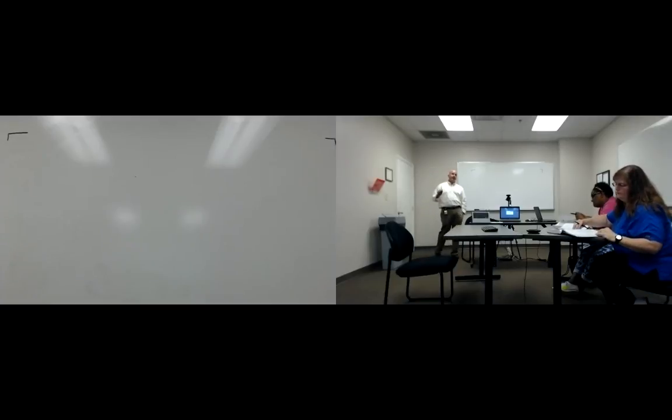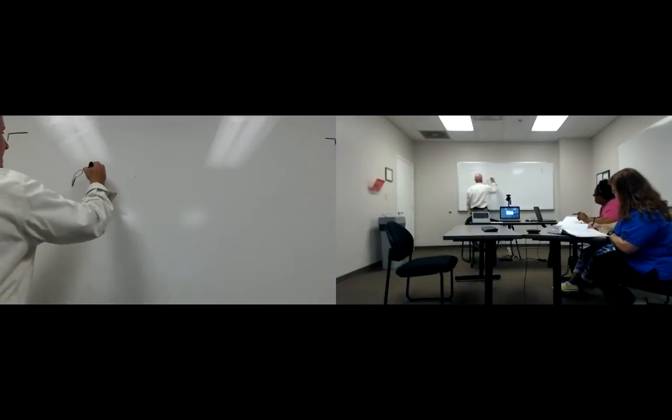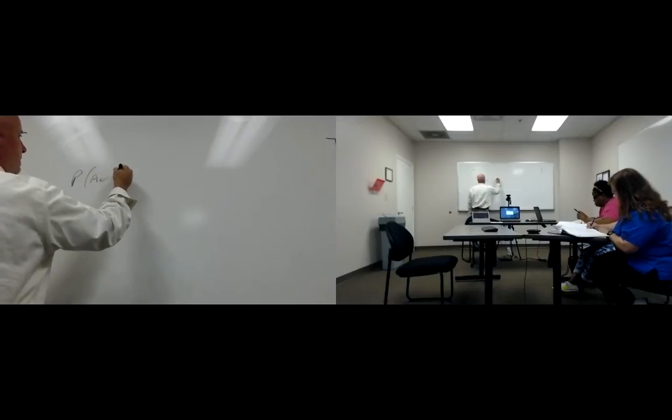Okay, so remember we say that the outcomes are mutually exclusive. So we're going to add. So what's the probability that A or B occur?